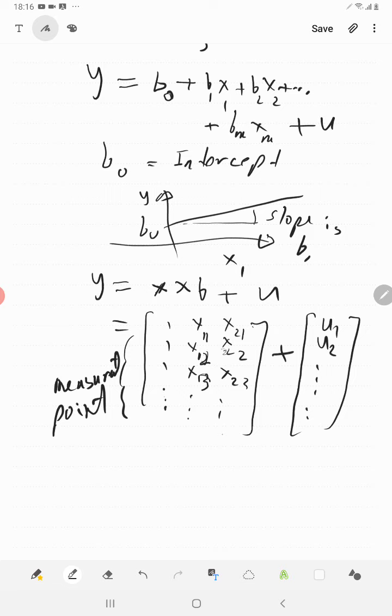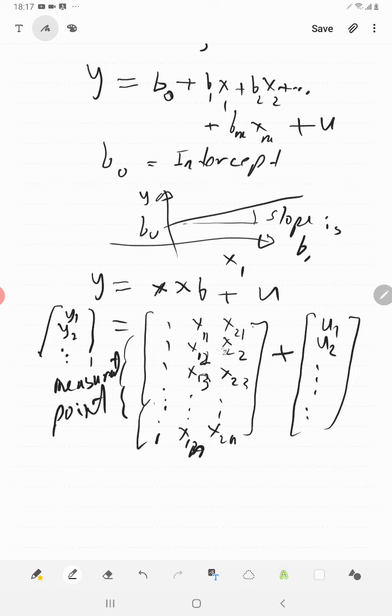And it will give you y1, y2, and so on, okay? Assume that we have n measurements. So here x2n, x1n, okay? And here 1, okay?